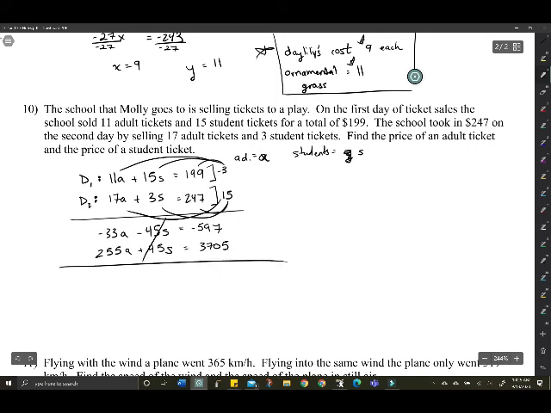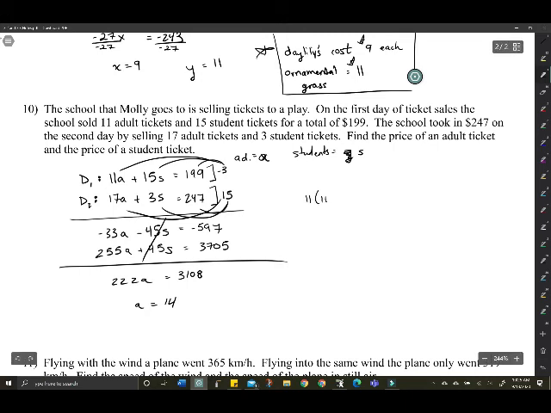S's cancel. 255 minus 33 is 222. And that's going to be equal to negative 597 plus 3705, 3108. And we're just going to divide that. And fortunately, that comes out to be a nice answer for us. So A equals 14.